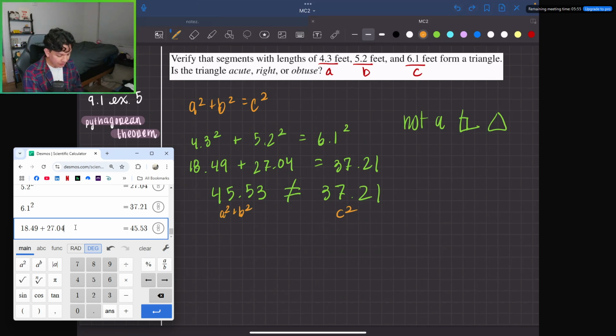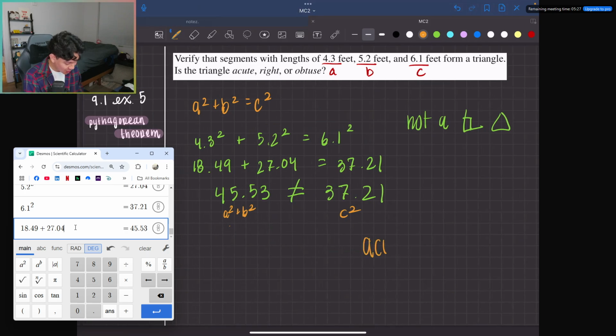So that means this triangle will be an acute triangle, because the c squared value is less than 45.53. Well, 45.53 is greater than, which means that 37.21 is less than, okay? So we will have an acute triangle.